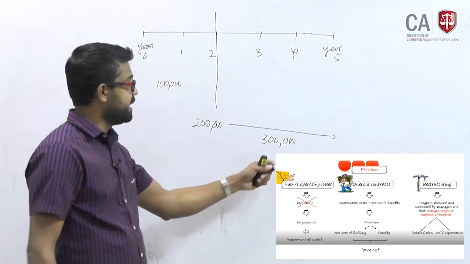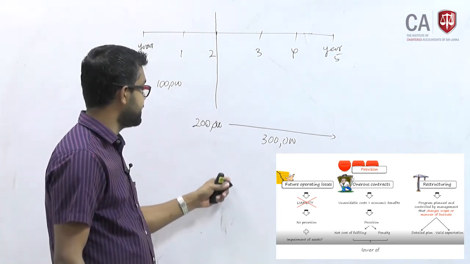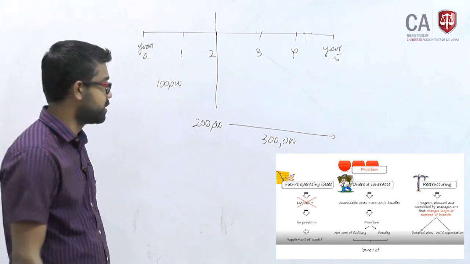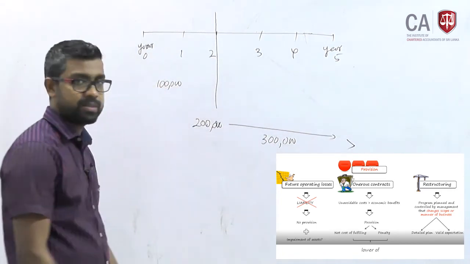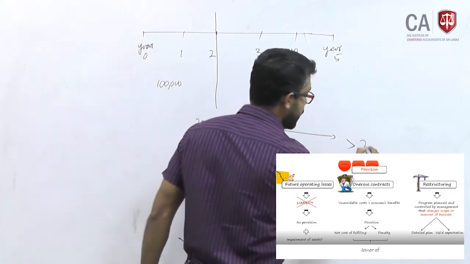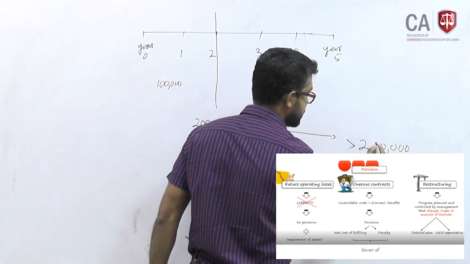So this 300,000 is the cost to the company, the rent cost. The economic benefit of this rented premises is, let's say, 250,000.